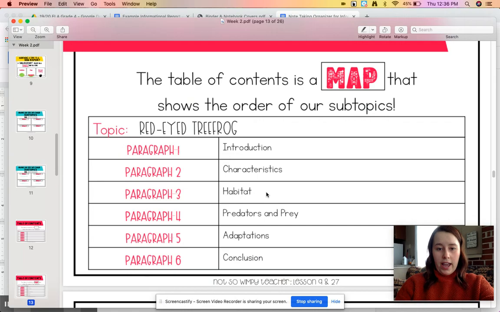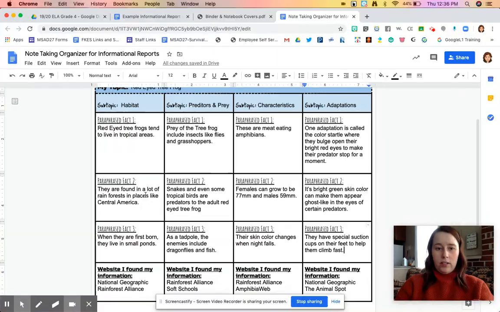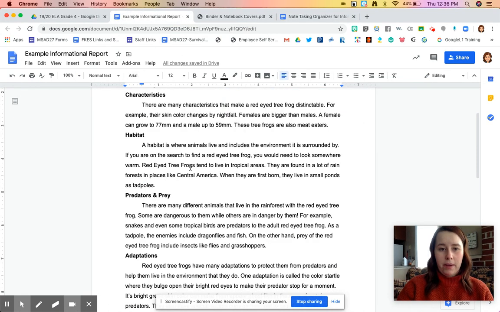Next, you'll see that I had habitat. So here are my facts for habitat. And when I made my heading here, I bolded it, and then I started my paragraph. A habitat is where animals live and includes the environment it is surrounded by. If you are on the search to find a red-eyed tree frog, you would need to look somewhere warm.